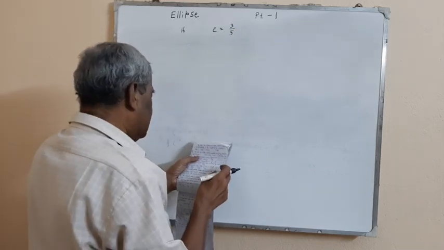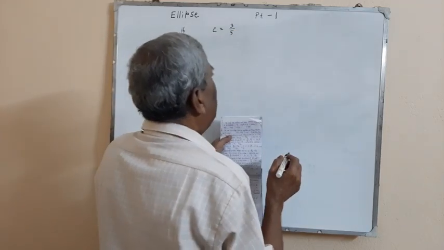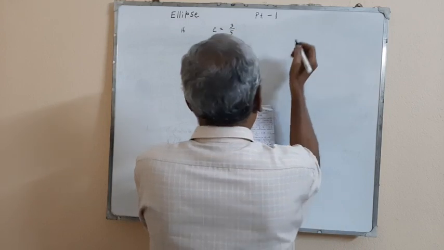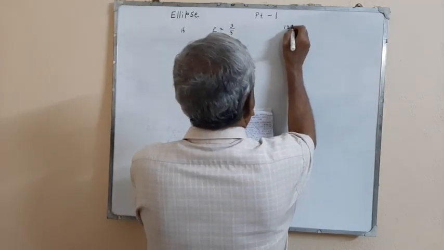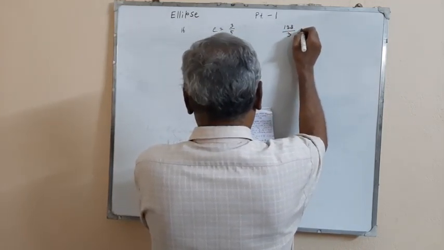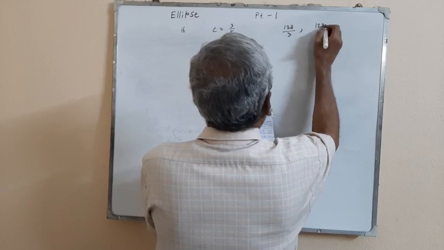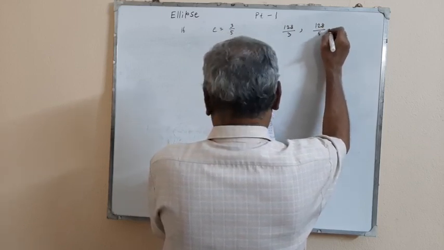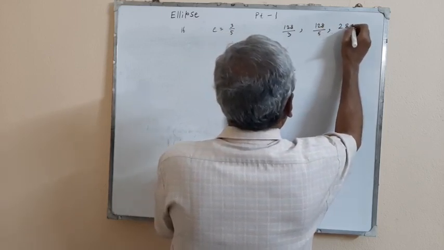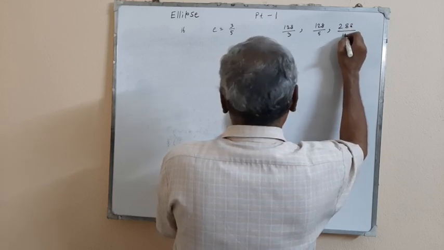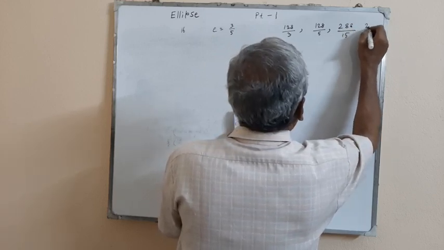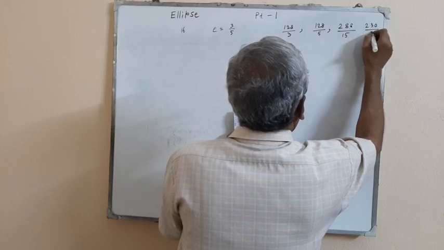Then the length of the latus rectum of the ellipse is: options 128 by 3, 128 by 5, 288 by 15 and 230 by 9.